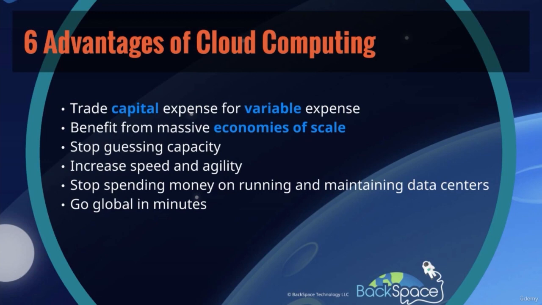It could be electricity, a whole heap of things that go into maintaining and running that data center. And finally, we can go global in minutes. The AWS cloud has data centers across the globe, and we can launch within any part of the globe within a very short amount of time.